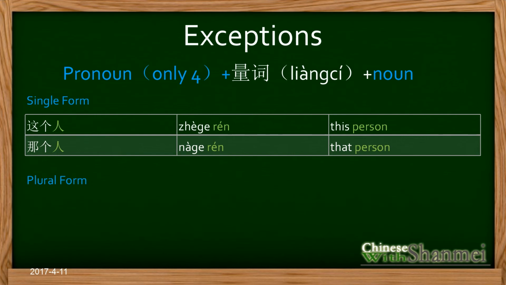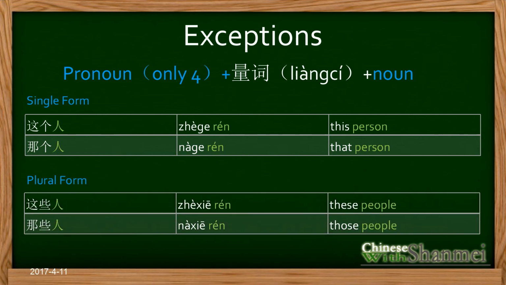With the plural form, when you want to say these people and those people, you can read after me. 这些人，那些人。So the structure is different from the structure we mentioned, which is number, classifier, noun. Here it is the pronoun, classifier, and noun.